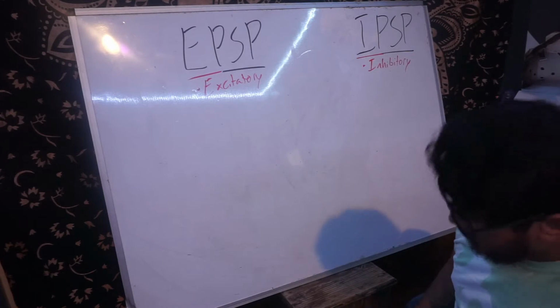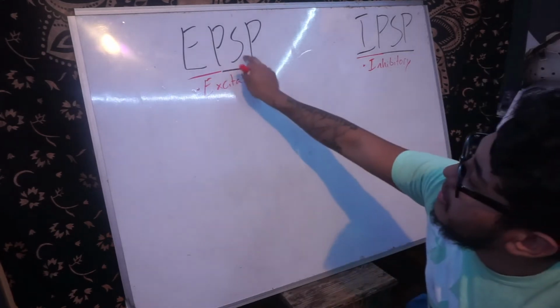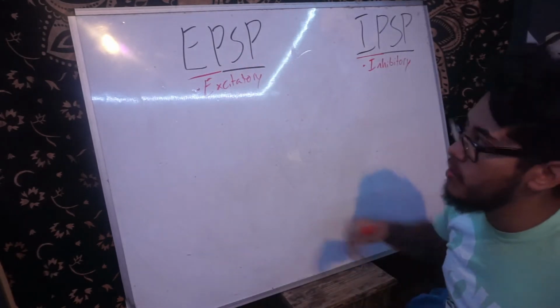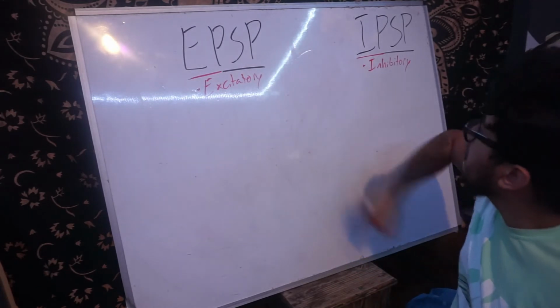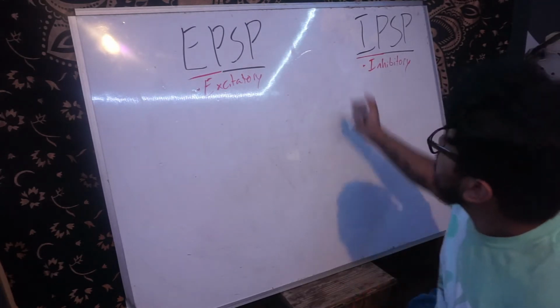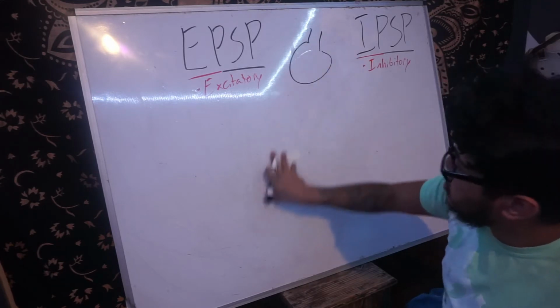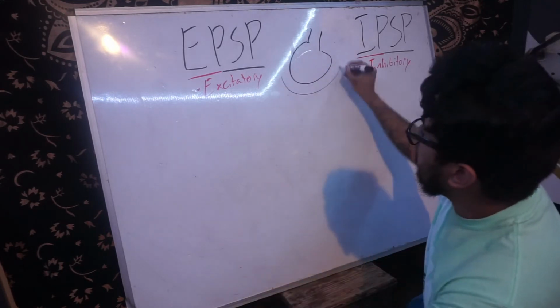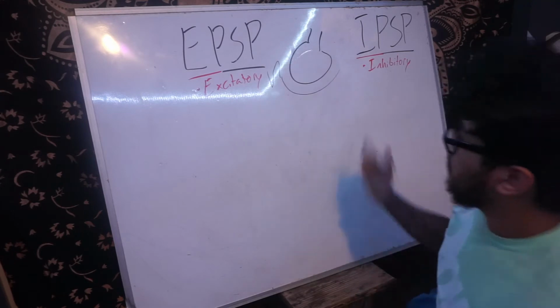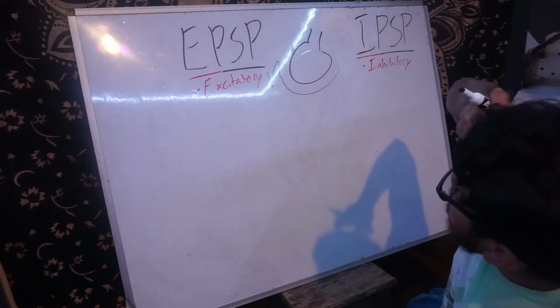And then postsynaptic potential, we can assume postsynaptic means after the synapse. Potential, we know, is action potential. So it's after the synapse, it's the potential coming down on the dendrite, or the neuron.